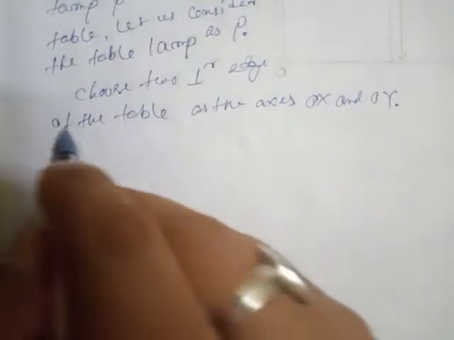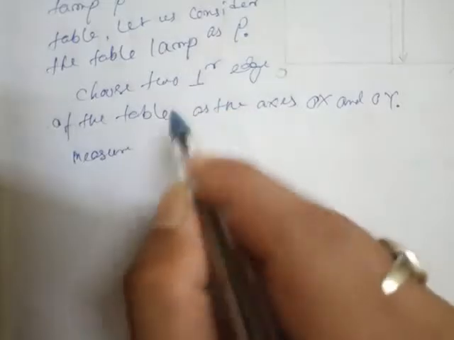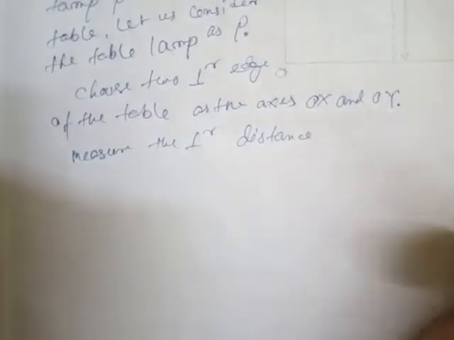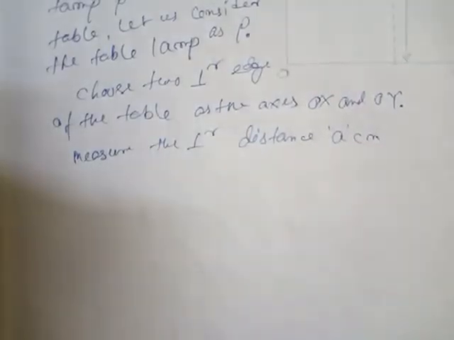Now the next line will write that here: measure the perpendicular distance a centimeter. Already I have shown you in the diagram.